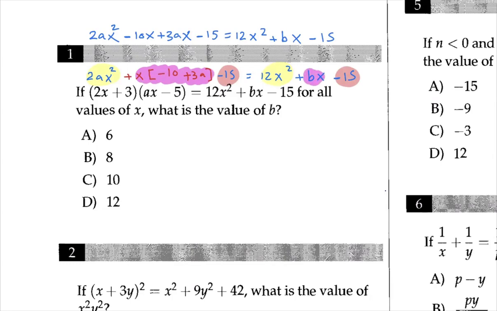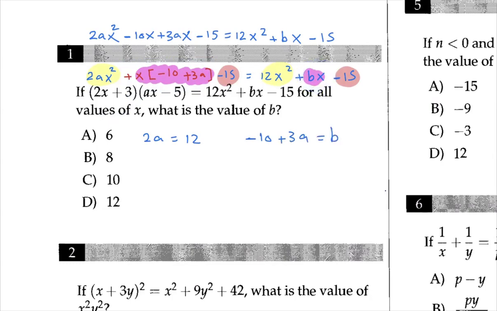We need to match the coefficients. What is the coefficient here of x squared? The coefficient of x squared here is 2a. So 2a equals 12. And what is the coefficient of the middle term? The variable is x. So what is the coefficient? The coefficient is, bravo, negative 10 plus 3a. What is the coefficient of x here? The coefficient of x here is b.